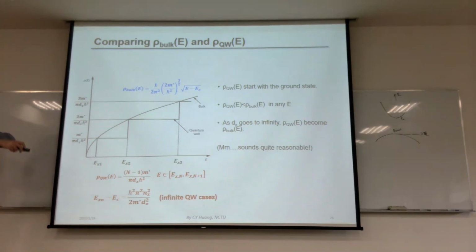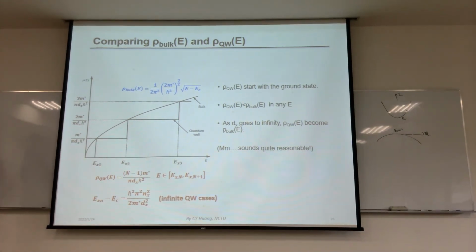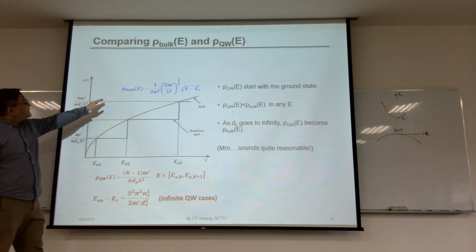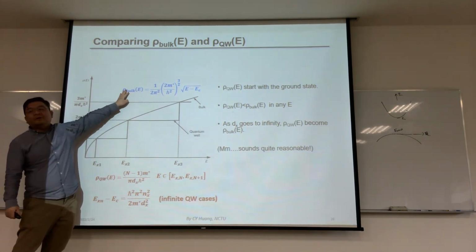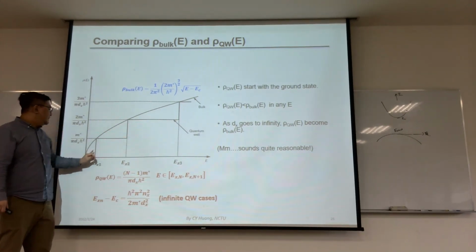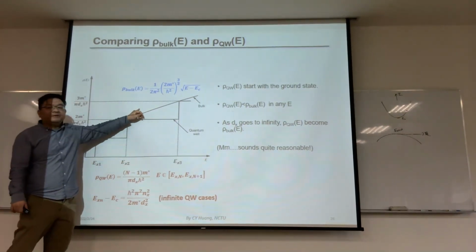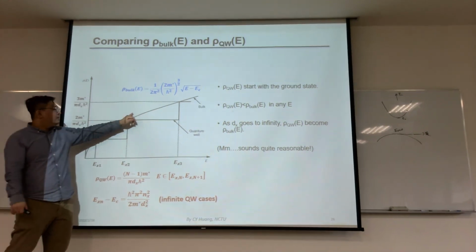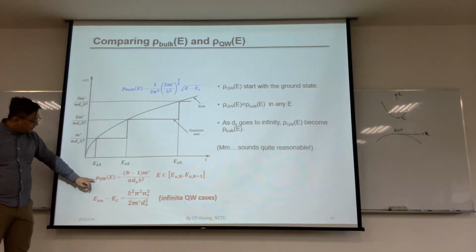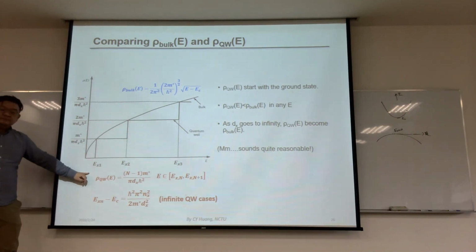Alright. So now we can draw both the density of states of the quantum well and the bulk. You will find that these two should be consistent. Since we are in the same physics world, we shouldn't be inconsistent. This is the density of states in bulk we derived. It is a square root relation, something like that. Okay. And this is the density of states of a quantum well.